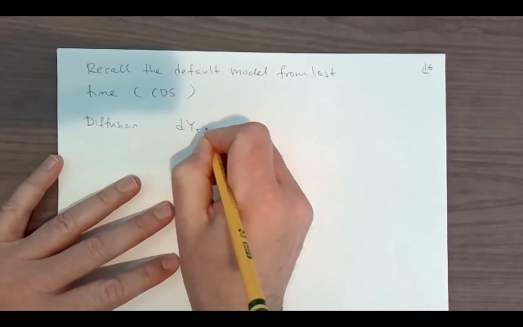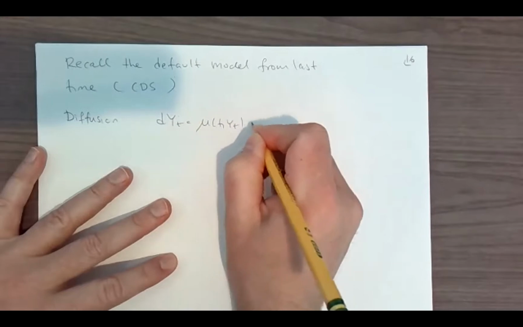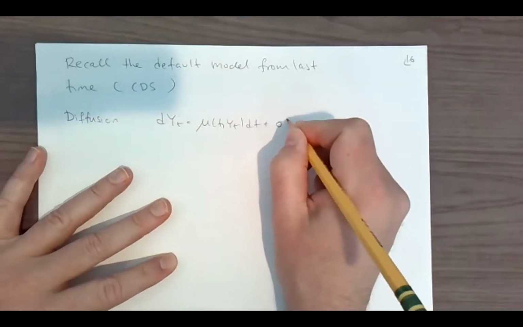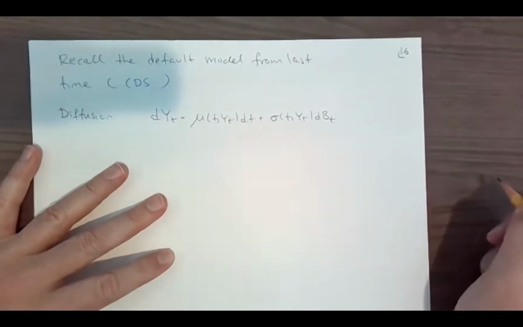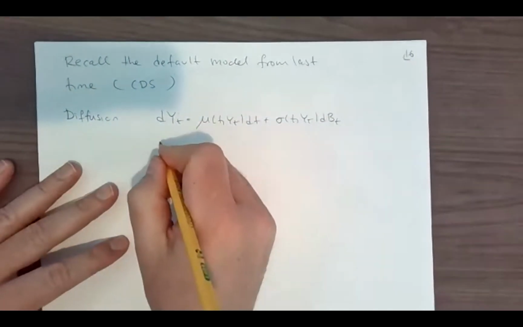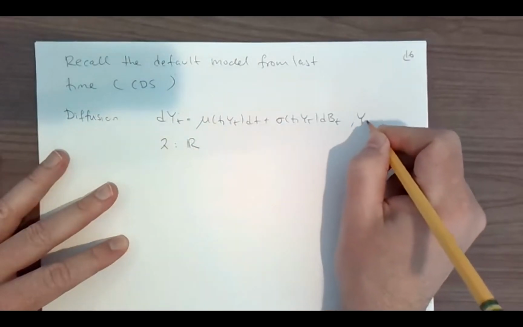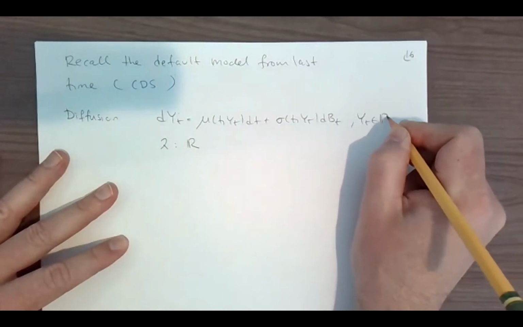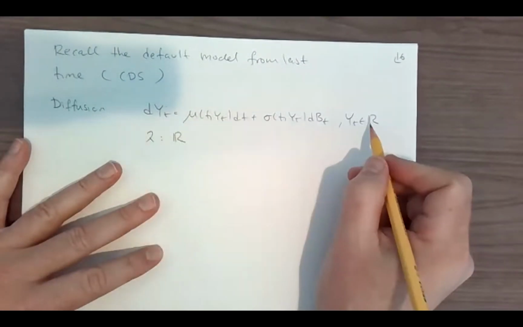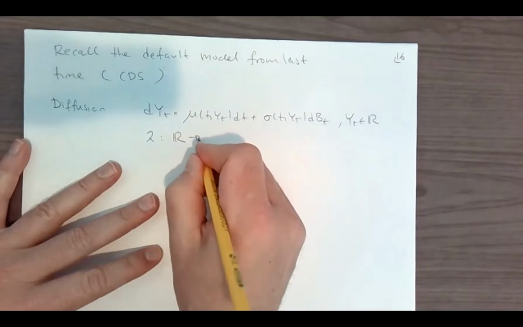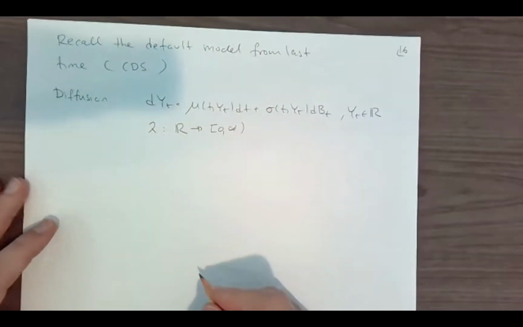So dY_t would be some drift and some volatility, and then you would have a function lambda. What will be important here, let's say that Y_t is one-dimensional, and so lambda goes from R to positive values. So this is a function, right?